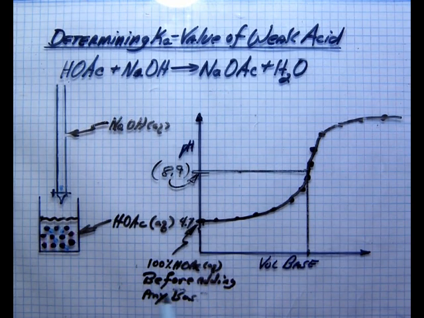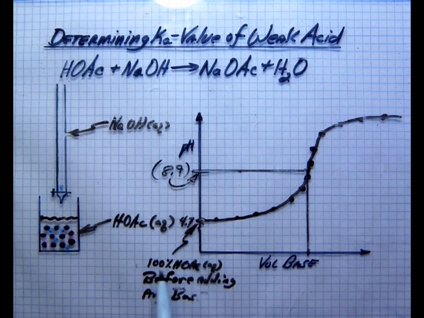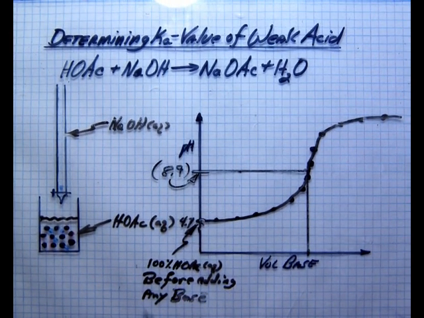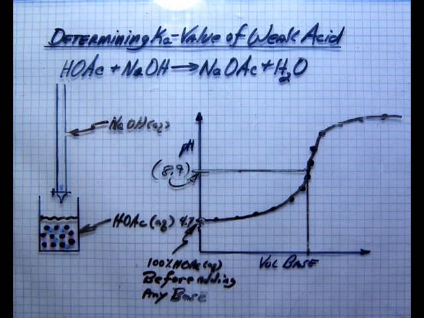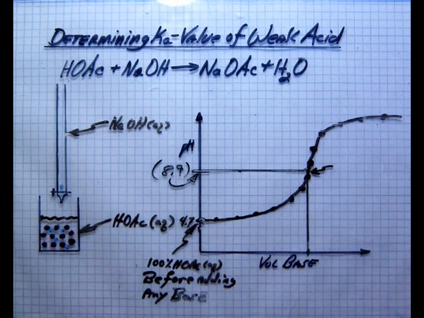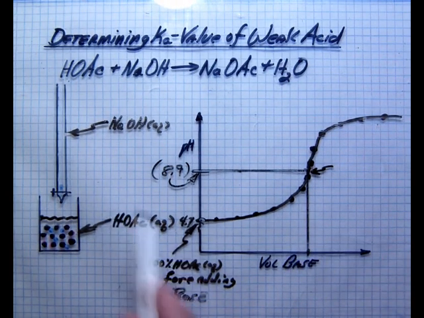Understand here that before titration we have 100% acetic acid, before any of the base has been added into the reaction. At the equivalence point right here, there is no original acetic acid left.